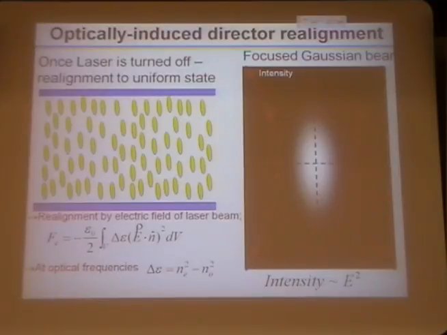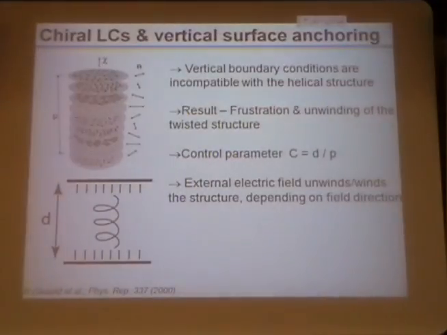Because all of those distortions would cost some elastic free energy, and the system minimizes free energy to go to the ground state. Therefore, you can see that we would have to have the laser beam of light constantly present if we want to generate some interesting structures.